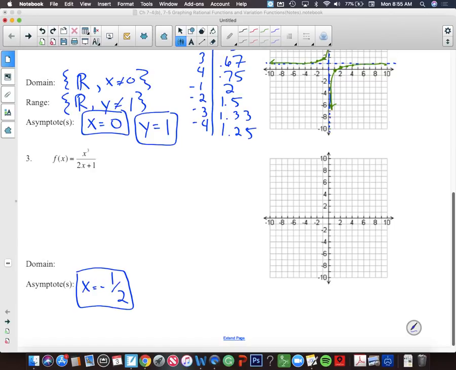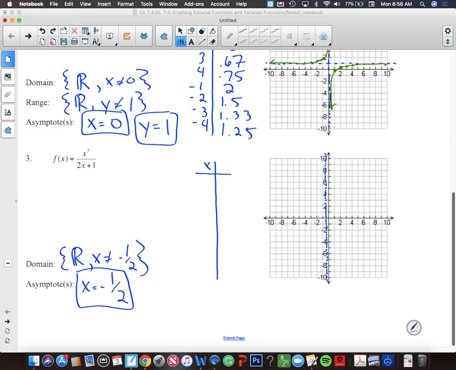So we just have a domain down here, and I'll show you why I didn't make you do a range on this one after we get the graph. I'll kind of show you what it looks like. Domain is all real numbers, except for x cannot be -1/2. Okay, so if we draw that asymptote like this, right at -1/2, and then you would start choosing points close to that.